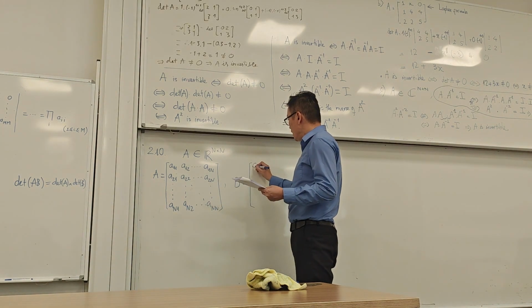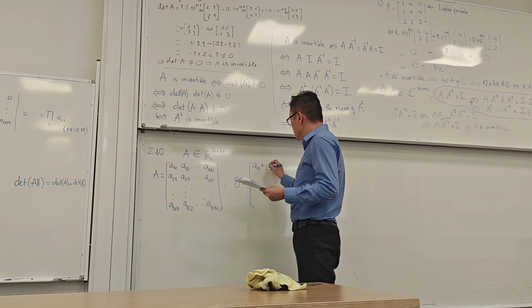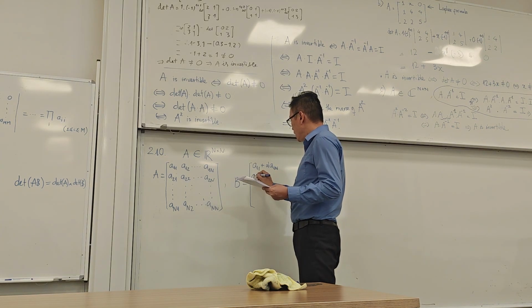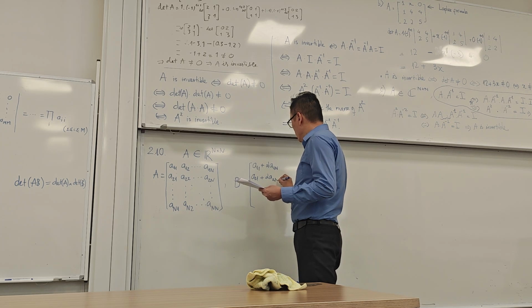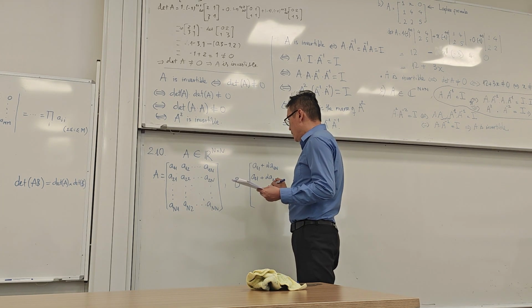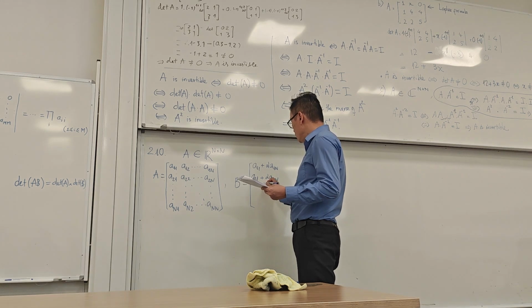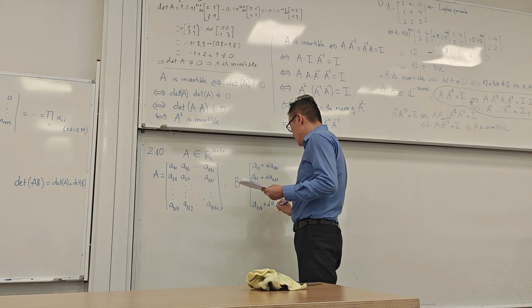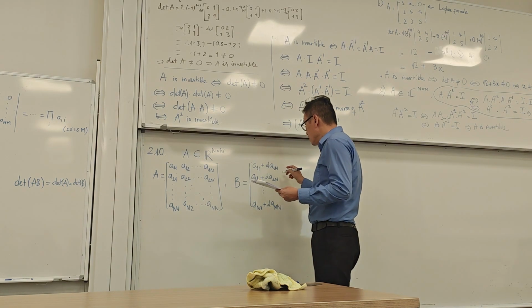Then here we have A11 plus alpha A1n, A21 plus alpha A2n, and so on, An1 plus alpha Ann. That's the first column.